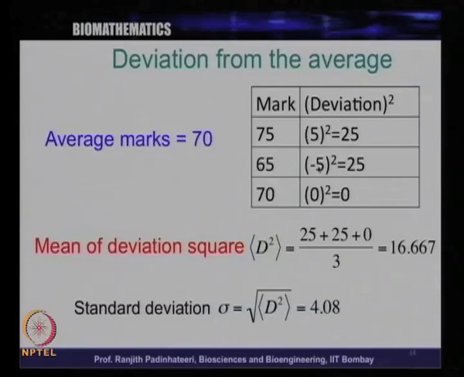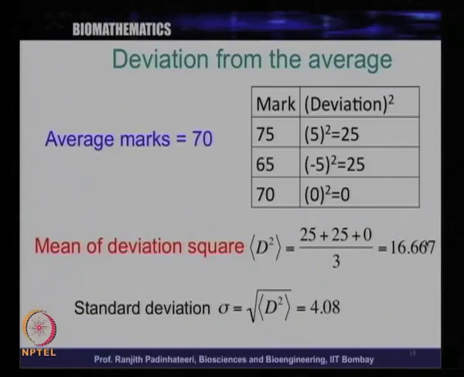So now sum over deviation square: 25 plus 25 is 50, plus 0 is 50. 50 divided by 3 is very close to 17, it is 16.667.